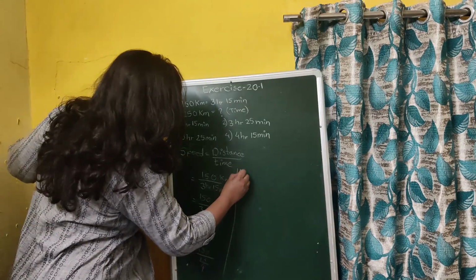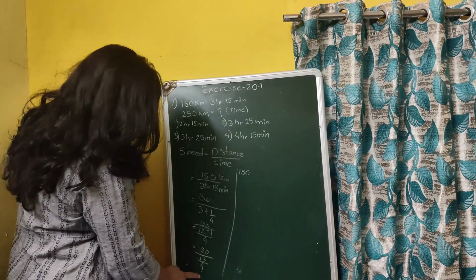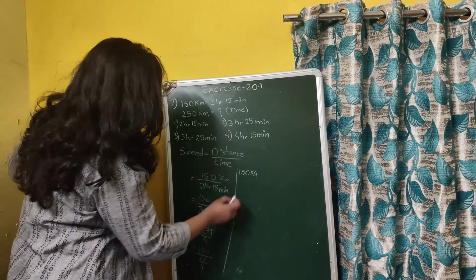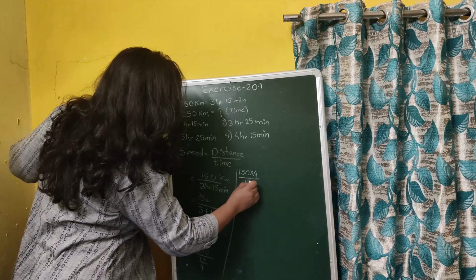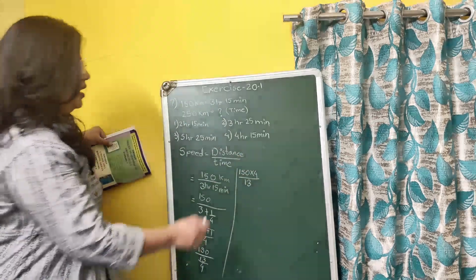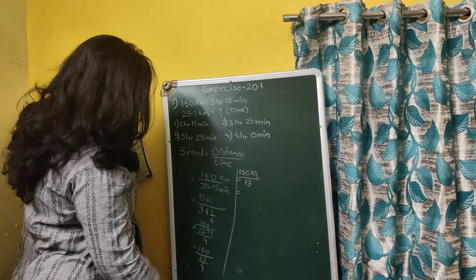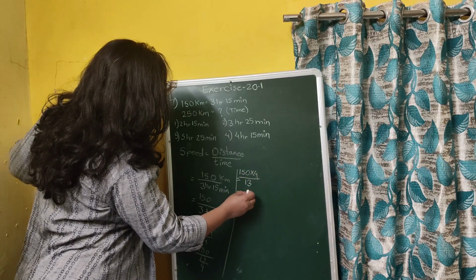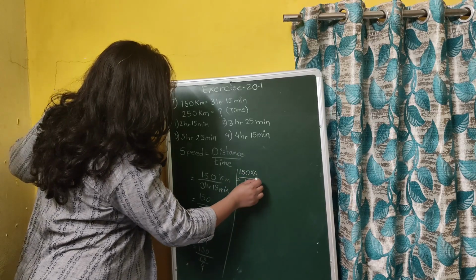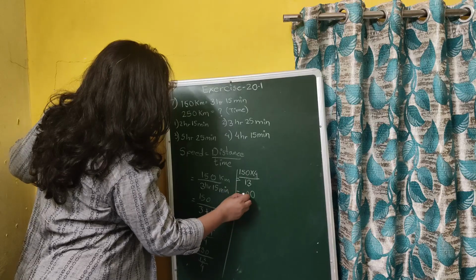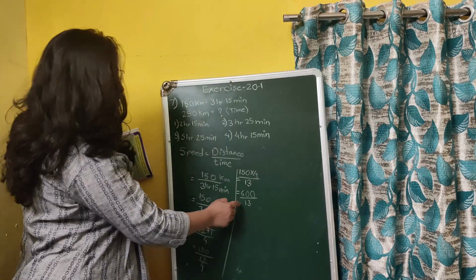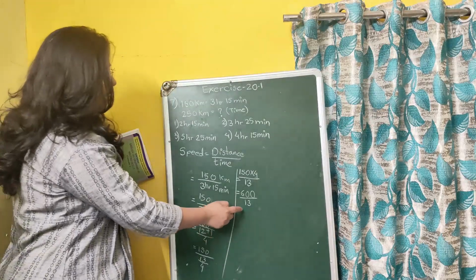Then 150 में ये जो 4 है ना, ये मल्टीप्लाई हो जाएगा, जो कि सबसे नीचे डिवाइड कर रहा है, and here we will have 13. After that we will multiply 4 by 150, then how much will it be? Just see, 600 upon 13. So this is our speed. We got our speed here.